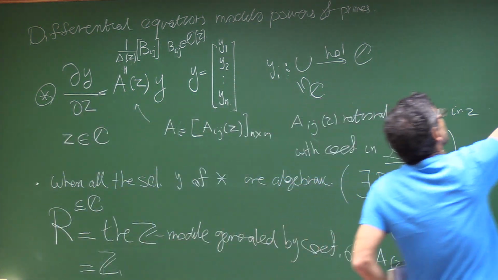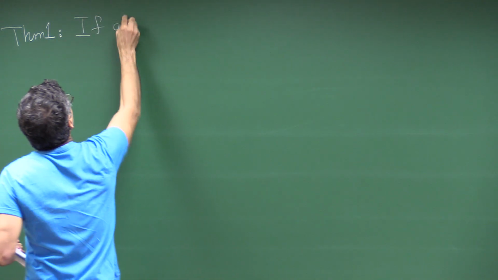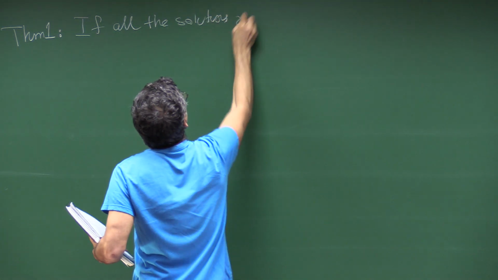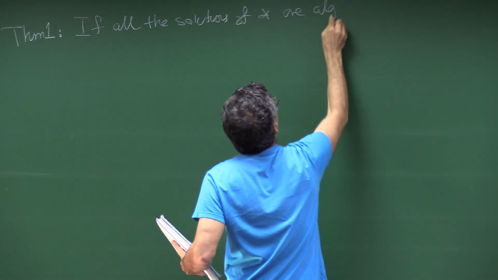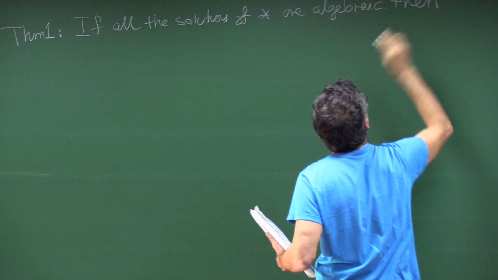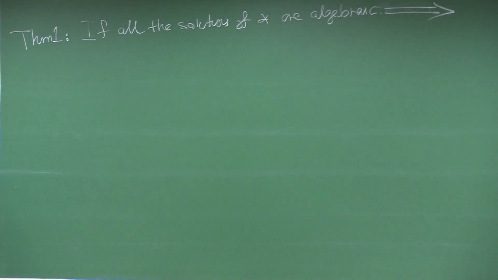So the observation that, let's say, last year I was making, and I was trying to see what is the literature and so on, is this one. If all the solutions of this are algebraic, then something happens, and what is this something?